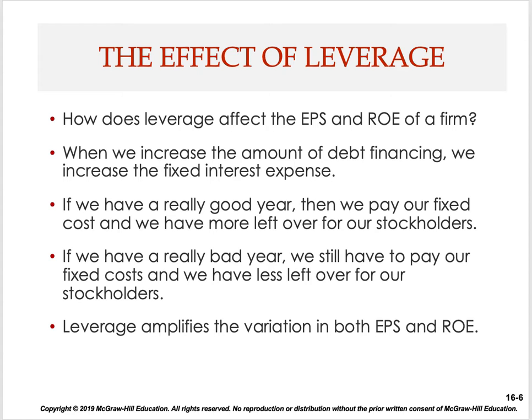So when we increase the amount of debt financing, what are we doing? We're increasing our fixed interest expense, because we issue a bond. That bond has a coupon rate, 6%, 5%, 8%, whatever, it doesn't matter. That's the stated rate, the amount of interest that we have to pay.